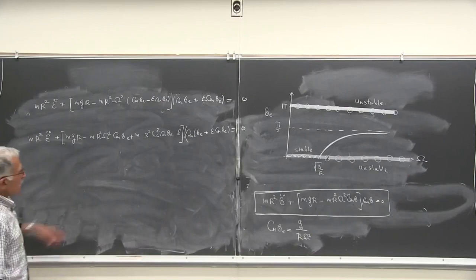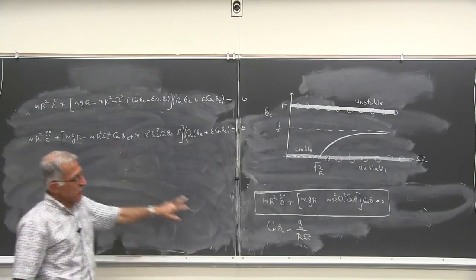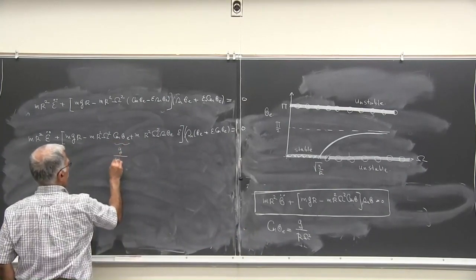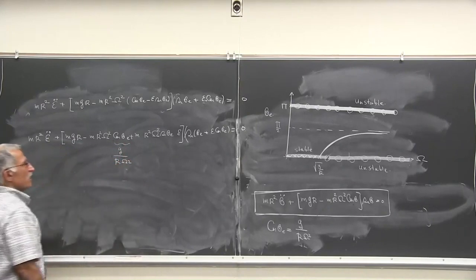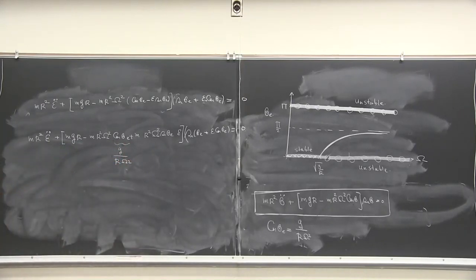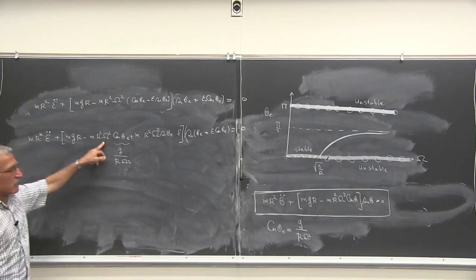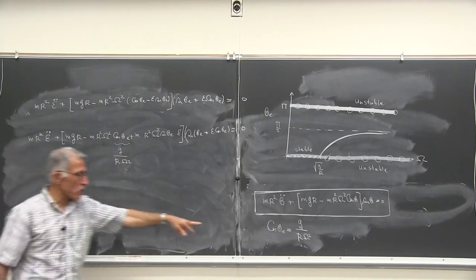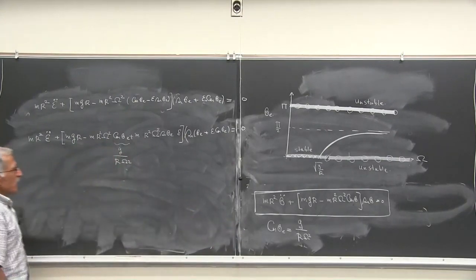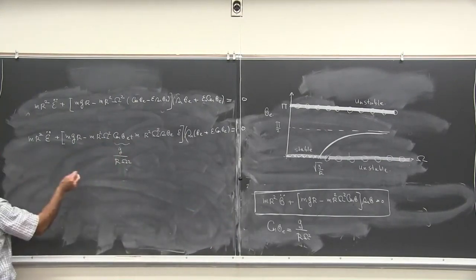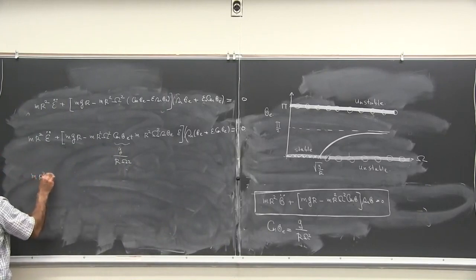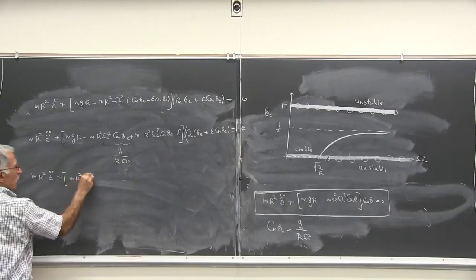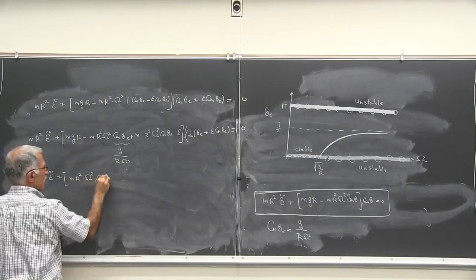If I substitute cosine theta equilibrium as g over r omega square, you can clearly see that these two terms cancel each other, and the equation is left with m r square epsilon double dot plus m r square omega square sine theta equilibrium.